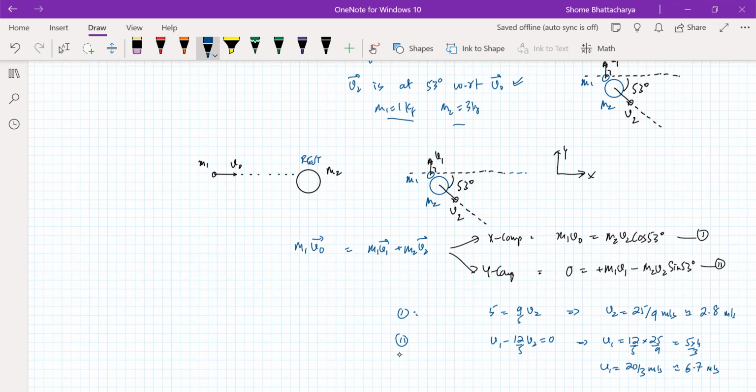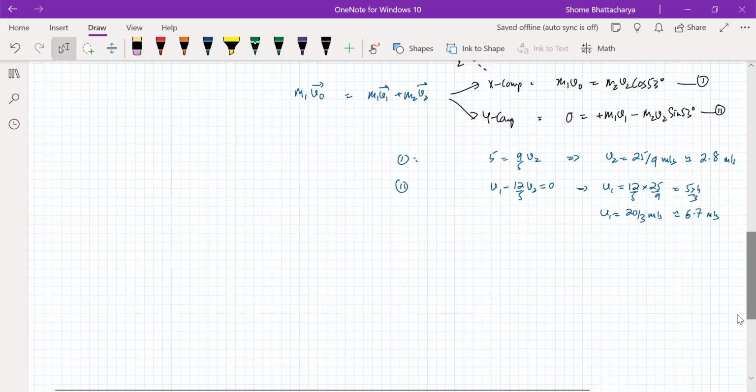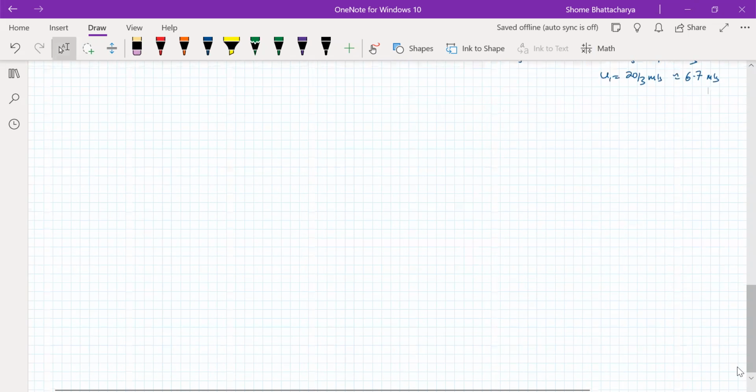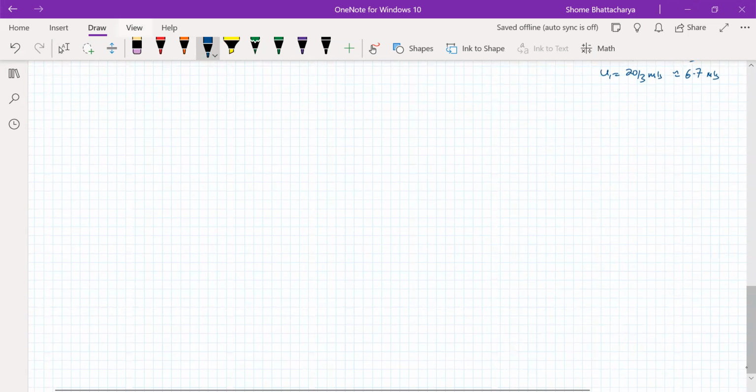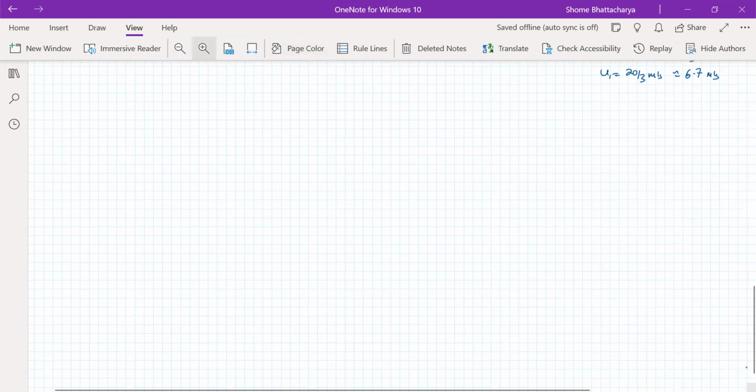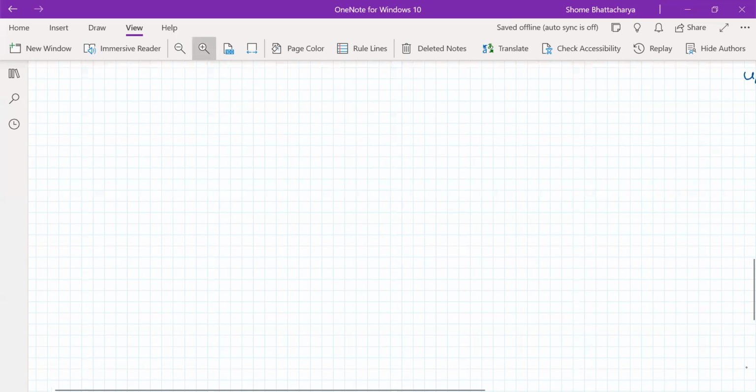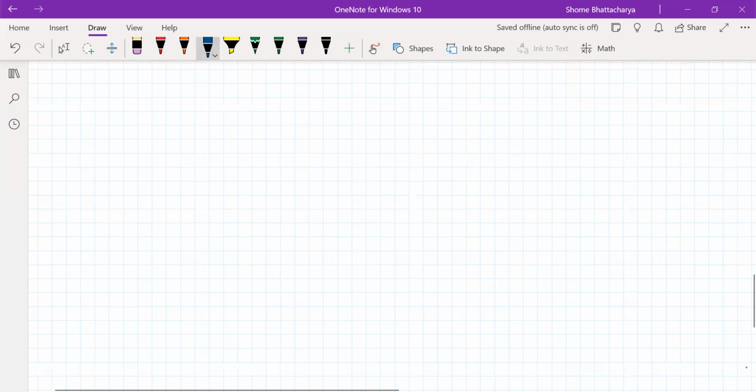Okay, so let's move on to a different type of question now. Now suppose in the same example or something similar, one less piece of information is given, but instead the coefficient of restitution is given to us.